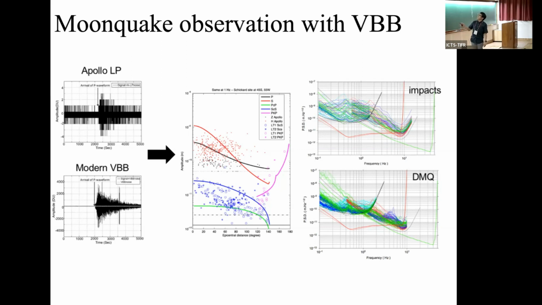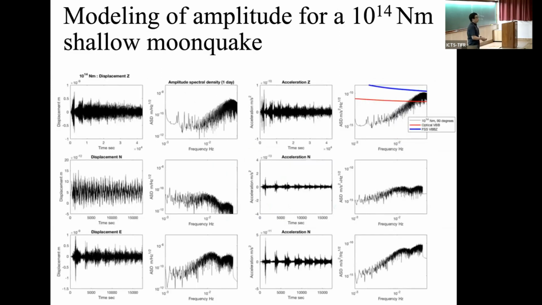And this is a kind of summary of the spectra of impact and deep moonquakes that we observed during Apollo. So based on this, we would like to build some models to predict the noise condition of the Moon. How we are going to do this is we simulate the seismic signal that we expect. So this is one example.